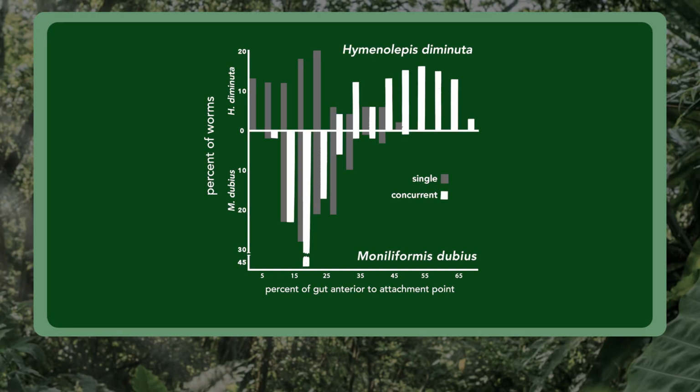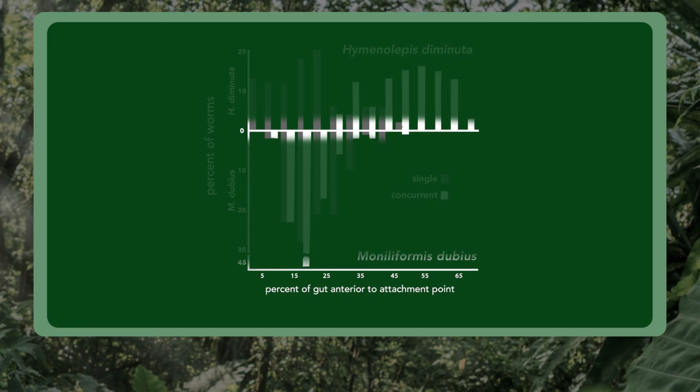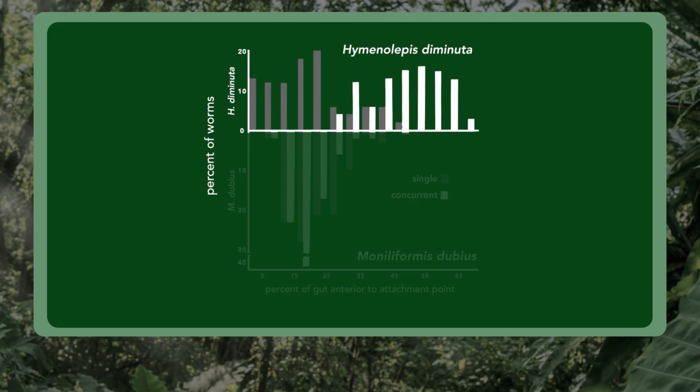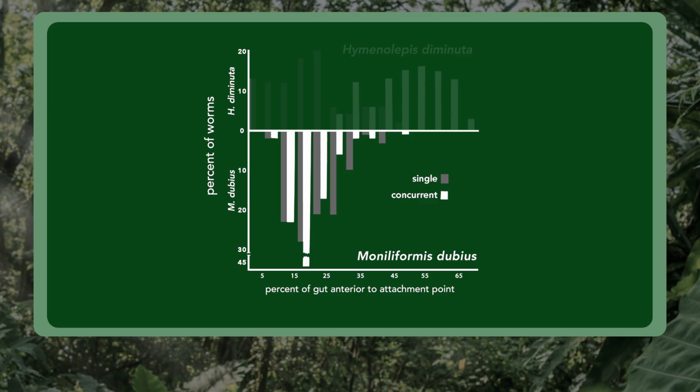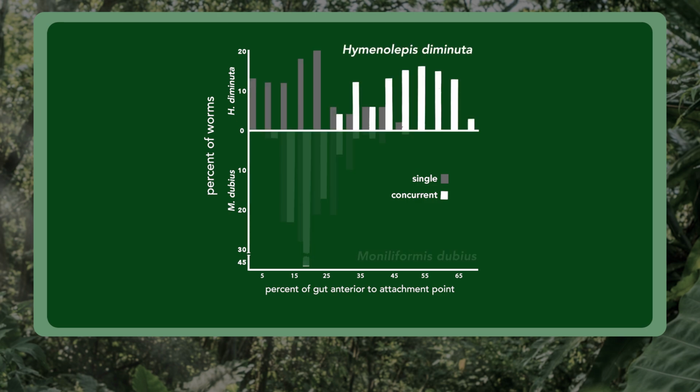Let's look at all the interspecific competition data on the same set of axes. On the x-axis, just like before, we have the percent of gut anterior to the attachment point. On the y-axis, anything that's positive represents the number of Hymenolepis diminuta, and the columns that are negative represent the number of Moniliformis dubius. You can see that the histogram for Moniliformis dubius is the same in single and double infections. But for Hymenolepis diminuta, it's very different in those single and double infections.